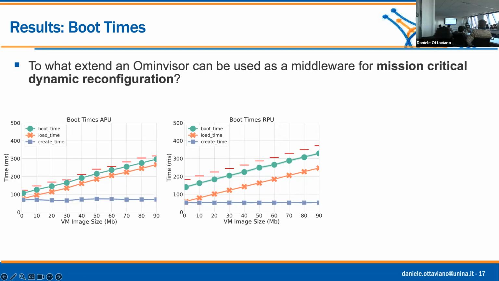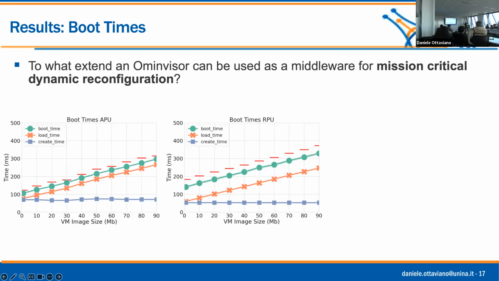The load time is the same, but the start time is higher. Why? Because to start an RPU, a remote processor, you have to communicate with the firmware, which itself communicates with the platform management unit. It's a core on the board that is just there for platform management, and that core wakes up the RPU. That is slower: it's 600 megahertz with respect to the APU, which is about 1.2 gigahertz.